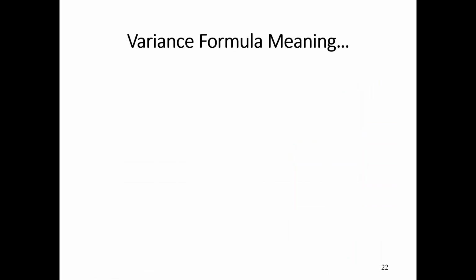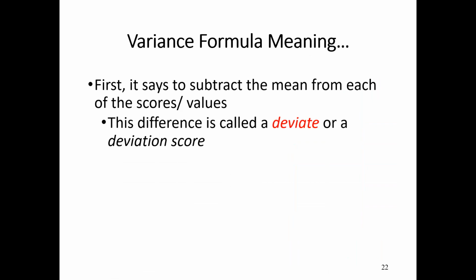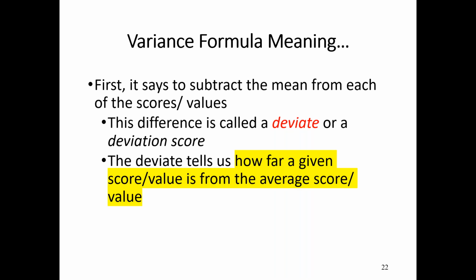So what is the meaning of this variance formula? It says to subtract the mean from each of the scores. The difference is called a deviate or a deviation score. All right, each value from the mean, that is a deviate. Then this deviate tells us how far a given value or score is away from the average score.